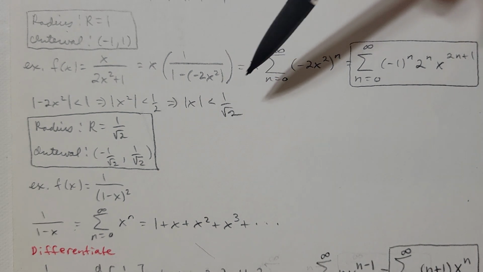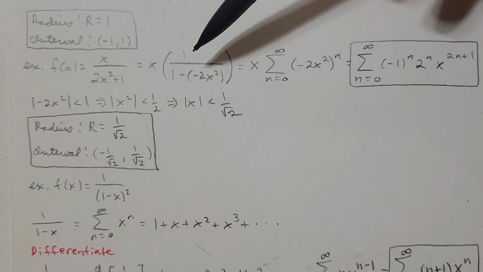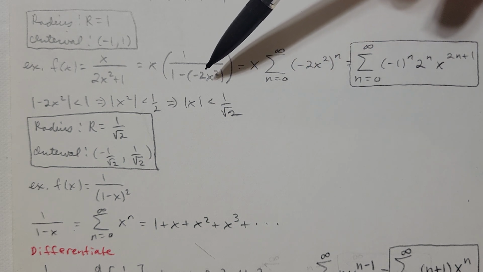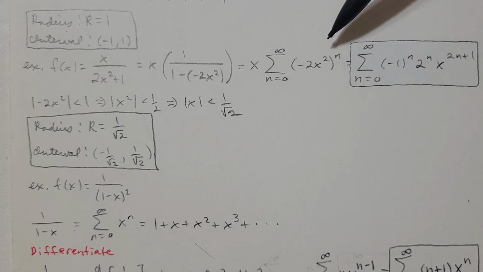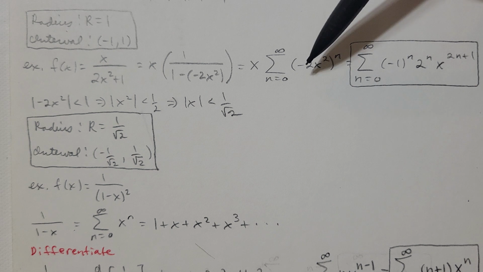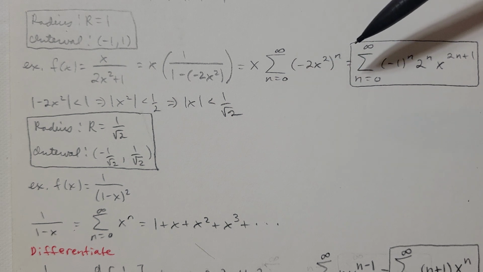So I've got x out in front of this summation. The a value is 1, and the r value is negative 2x squared. So a times r to the n, if I'm starting at 0, which I am. And then simplify this.